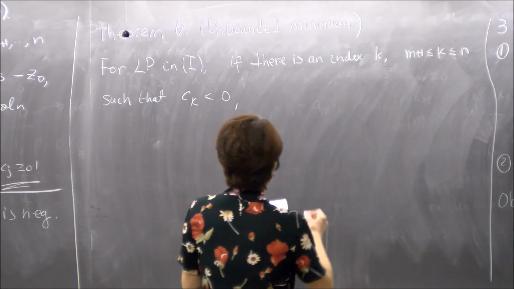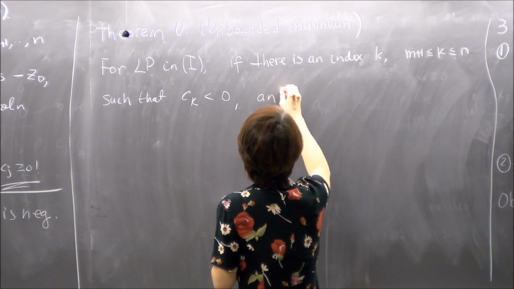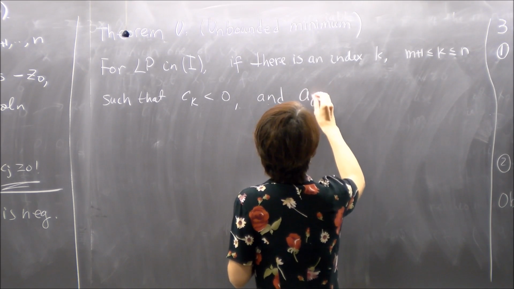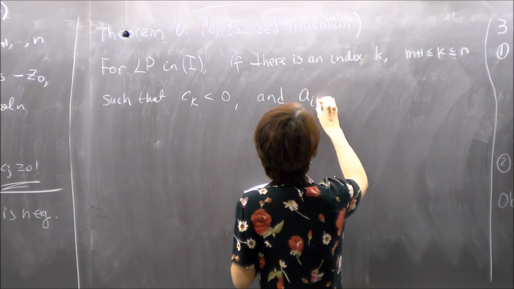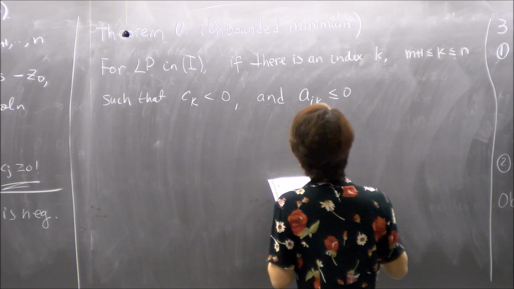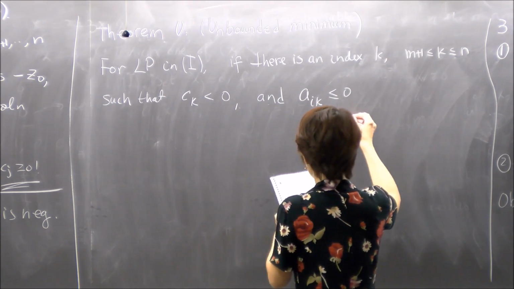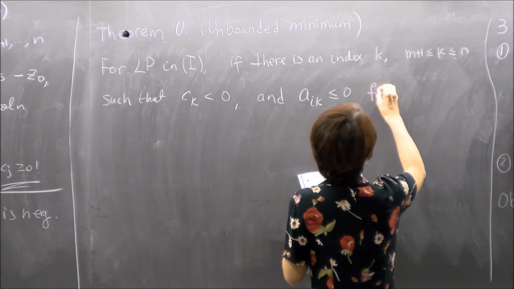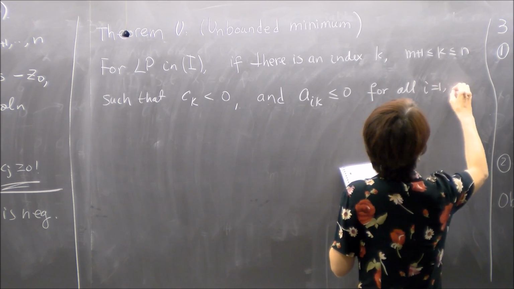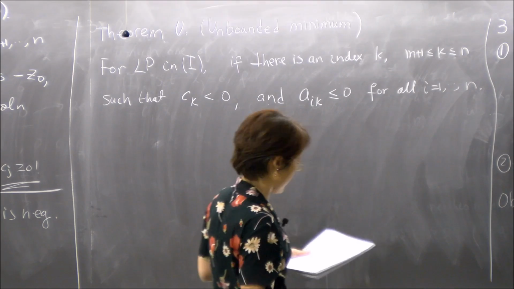Is that right? Okay, and now once you find that out, you check the column of coefficients of those a's, and you find out that in that column, all the a's are less than or equal to 0 for all i from 1 to n.